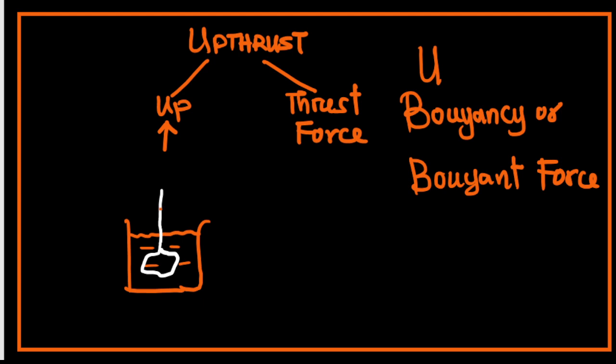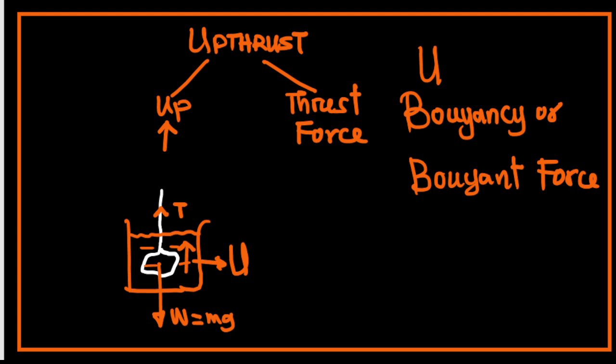There will be a tension in the string, tension T. There will be a weight acting downward. That's the weight of the object. Weight equals mg. Now there is a force acting upward within the fluid, and that is exactly what we describe as upthrust.